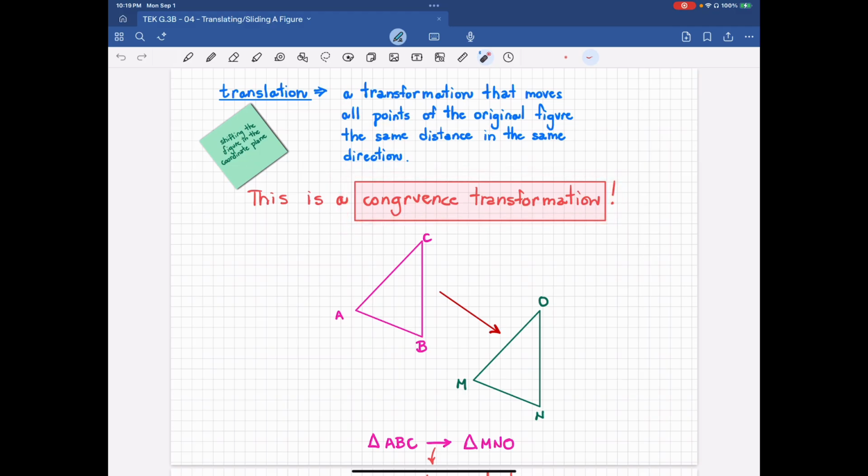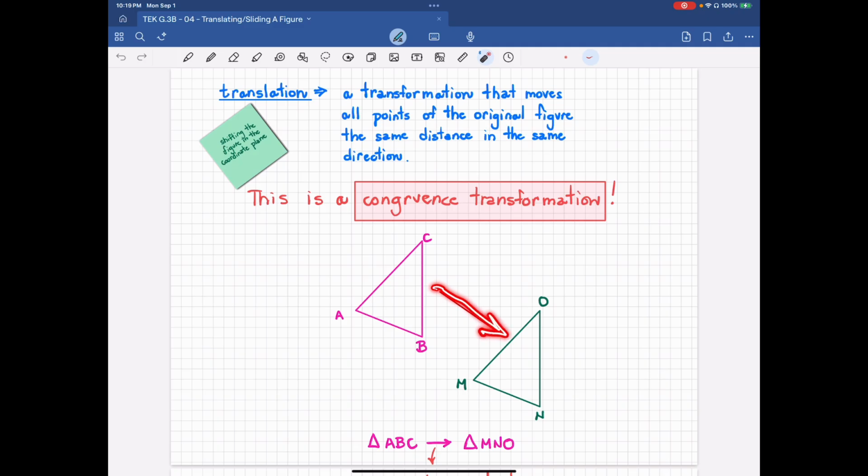Another way of looking at a translation is that we just shift the figure in the coordinate plane. It's like it has wheels and we just move it around on the coordinate plane. Down here, we see our pre-image, triangle ABC. We take this pre-image and move it in this direction and this distance.